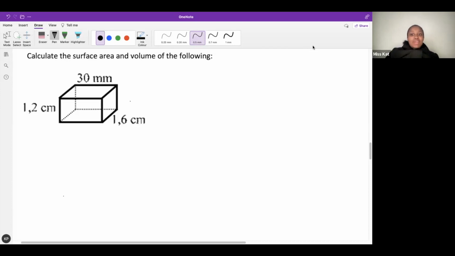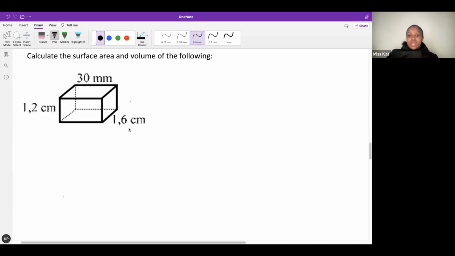You know what I recommend? Convert it to millimeters, because then you will have whole numbers and not decimals. You understand? So if I have 30 millimeters here, how many millimeters do I have over there? 1.6 centimeters.